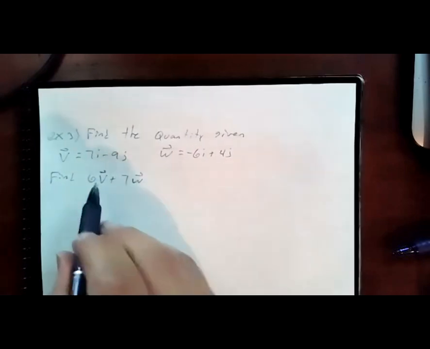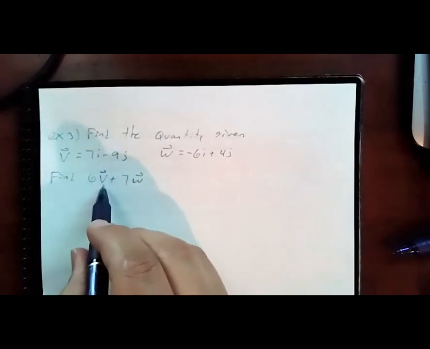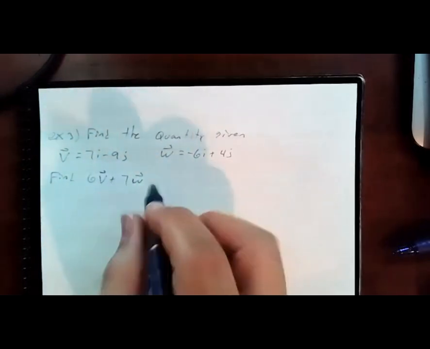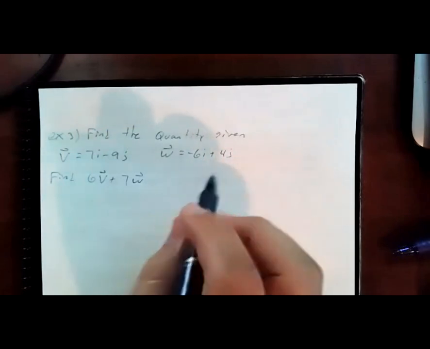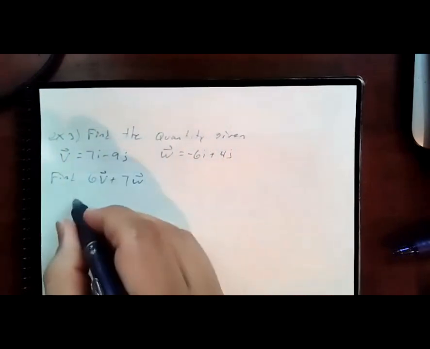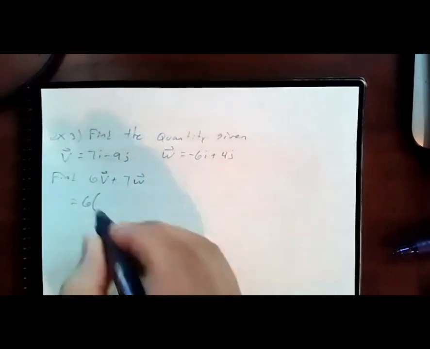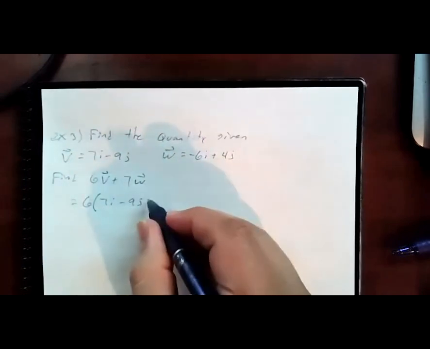So 6 times v means you're scaling the vector by 6. In other words, just multiply the two numbers by 6. That's all we're doing. I'm using this notation because it's a little easier to see the multiplication and addition. So if you multiply that out, you're going to have 6 times 7i minus 9j. So just treat them like you would x's and y's.